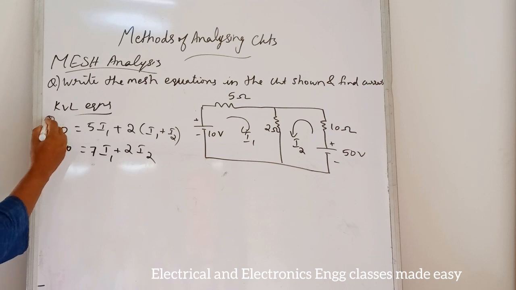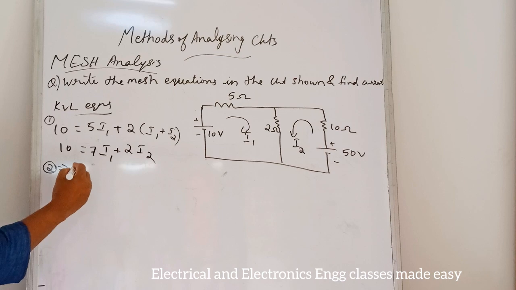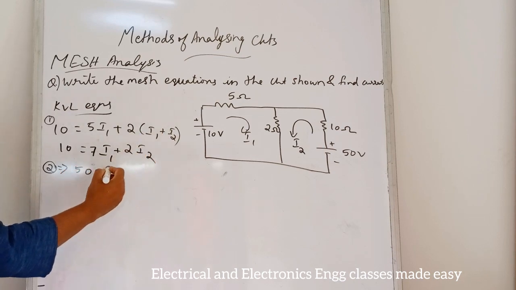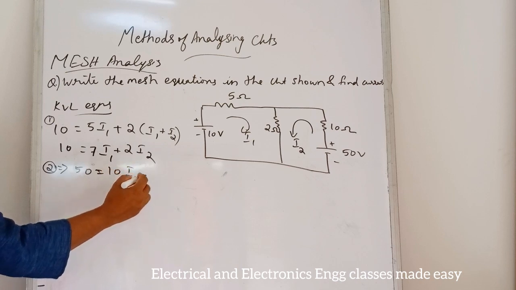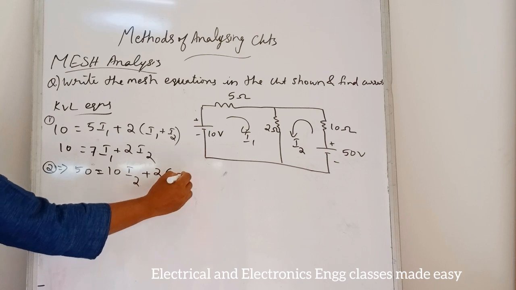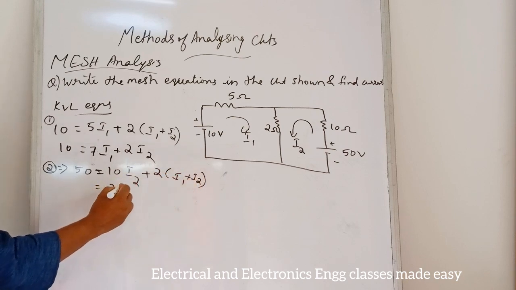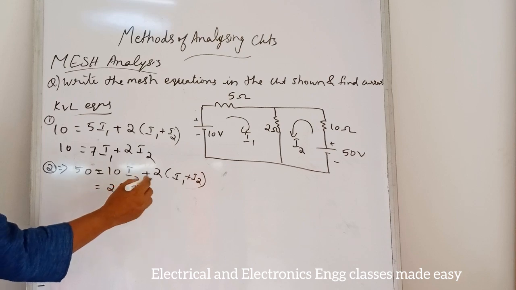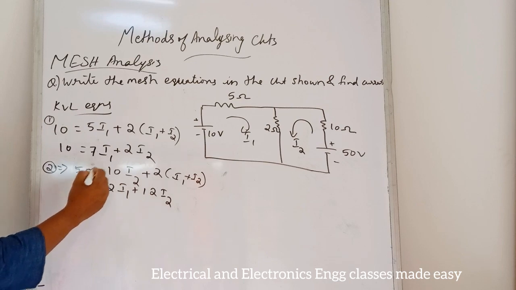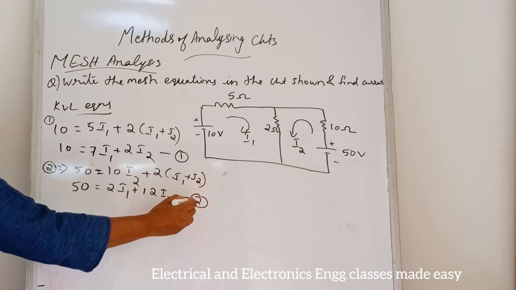So this is the first loop. In the second loop, we get 50 equal to 10I2 plus 2 into (I1 plus I2), that is 2I1 plus 12I2. So this is the first equation and this is the second equation.